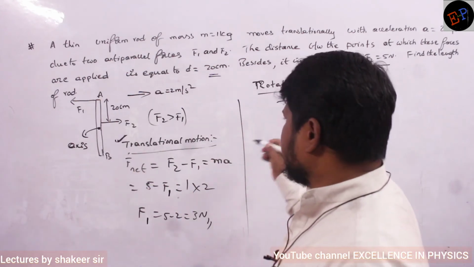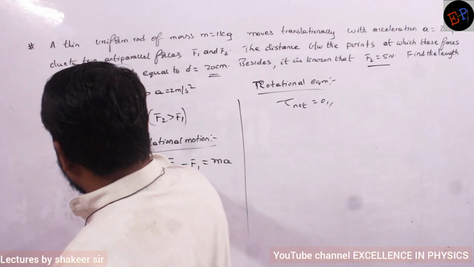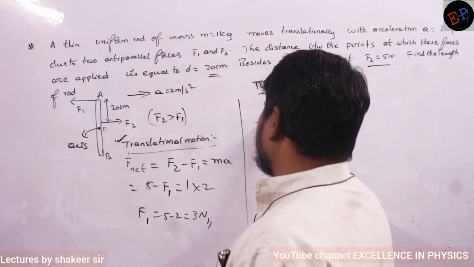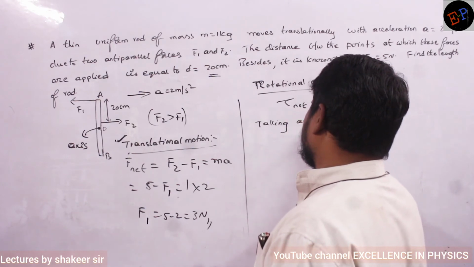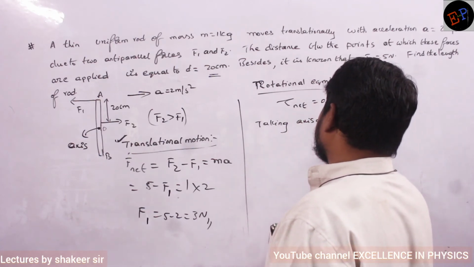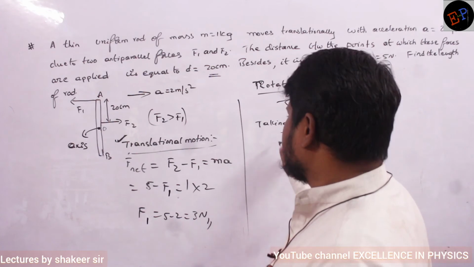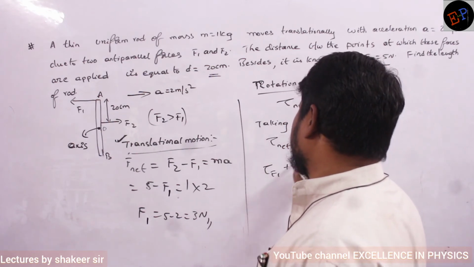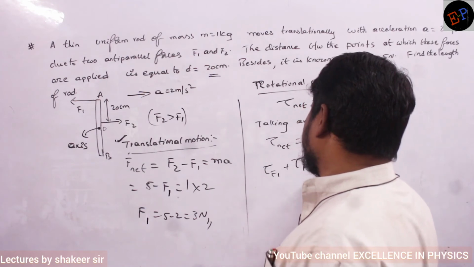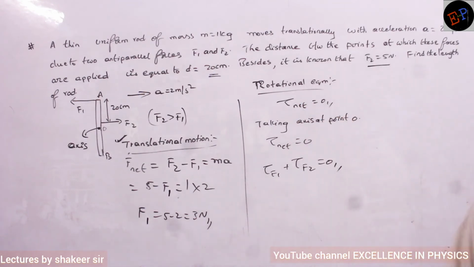Okay? So let us call this point as point O. Taking the axis at point O, what I can say is net torque will be 0. So torque due to F1 plus torque due to F2, total should be how much? Total should be 0.